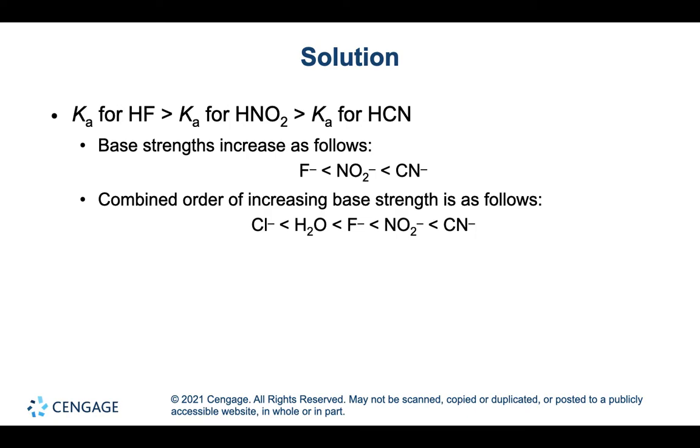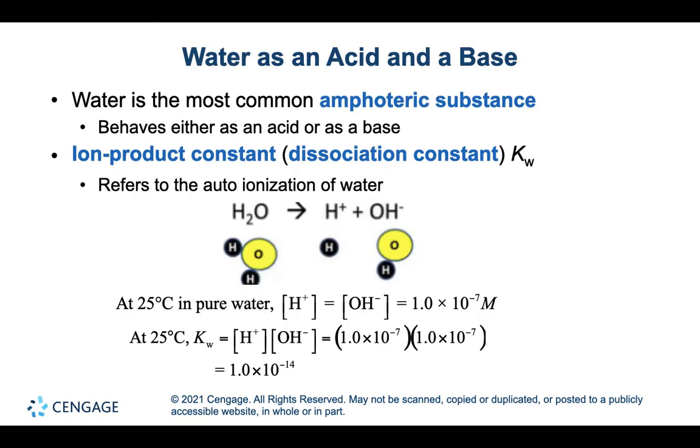Fluoride is next because of the weak acids listed, HF and HNO2 and HCN, HF is the strongest of those weak acids, so its base is the weakest of the three, then NO2 minus, then CN minus. So that's a way to analyze the tendency of an ion or water to take H plus away from something. How good of a base is it?